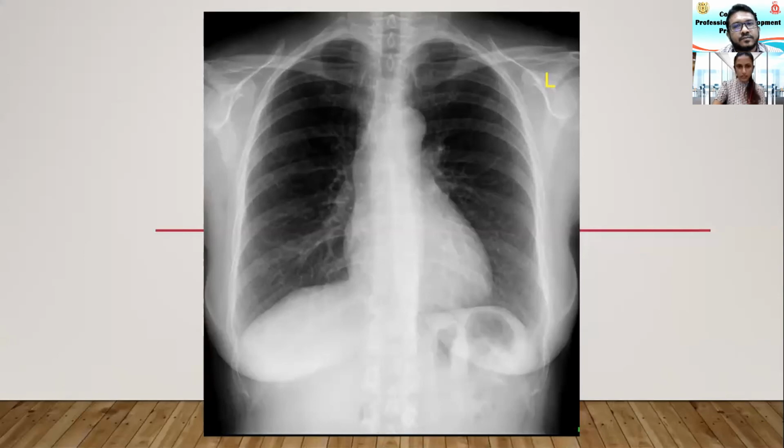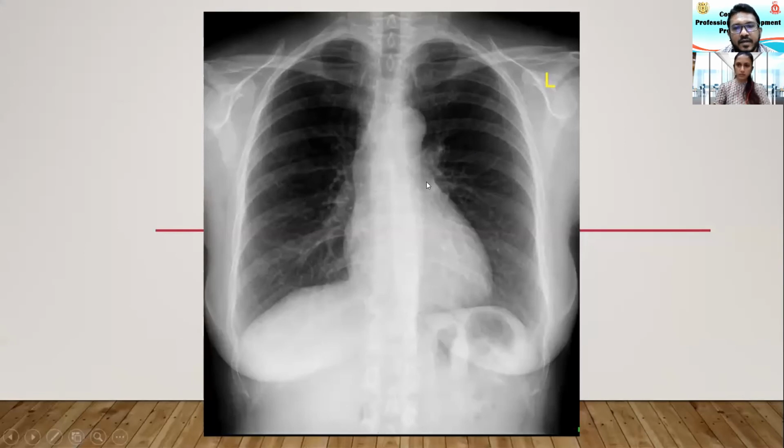Next question: how to identify an AP from a PA view? Yeah. Whatever structures are very close to the X-ray film will be very sharp. So in a PA view, the anterior structures will be very sharp, while the posterior ones are not that sharp. That is one thing.